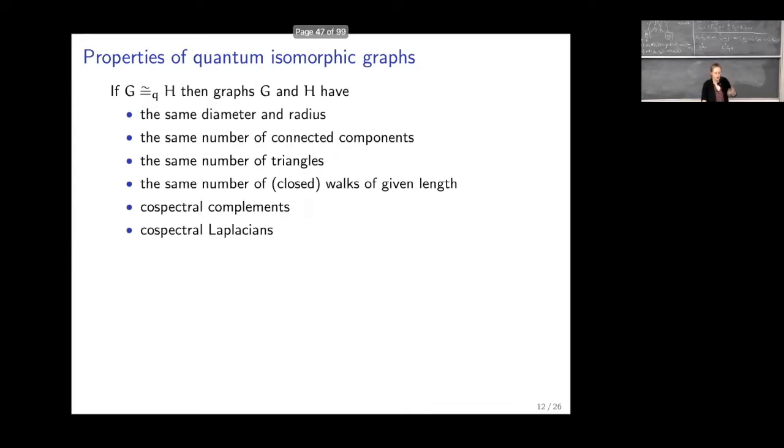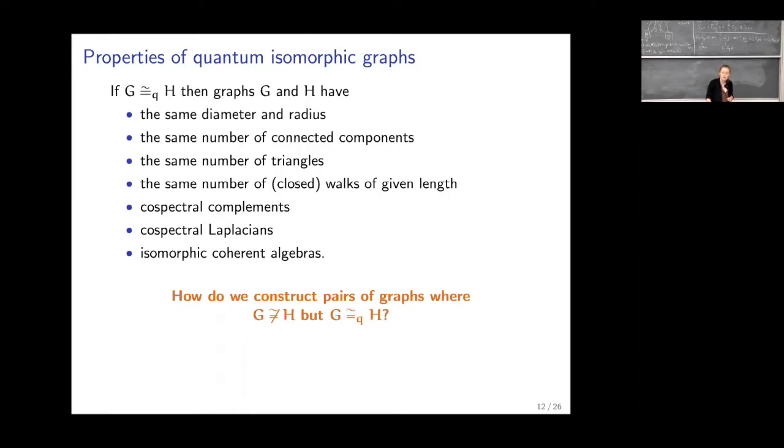And also some spectral similarities. So not only are they cospectral, but they moreover have cospectral complements, cospectral Laplacians, and so on. And finally, they even have isomorphic coherent algebras.